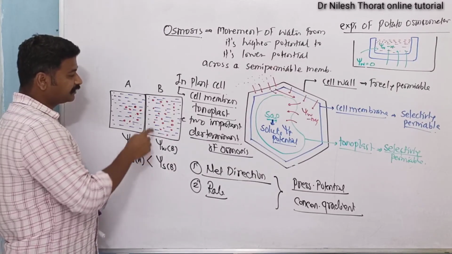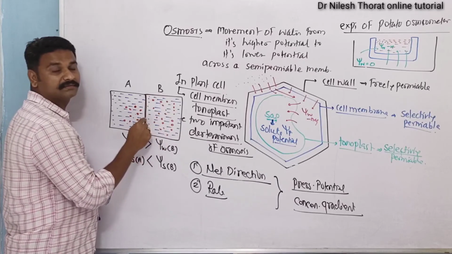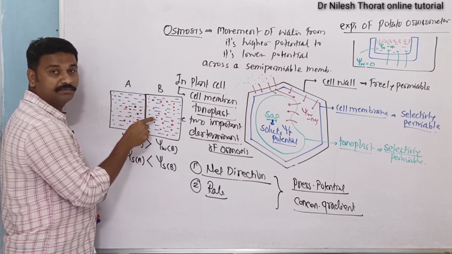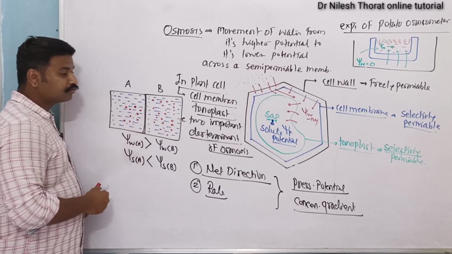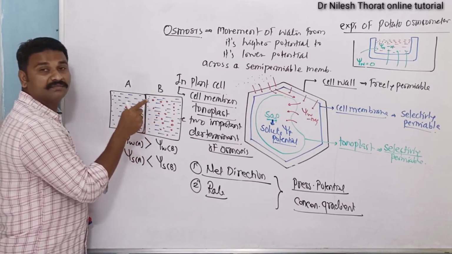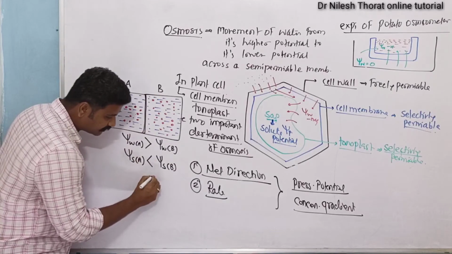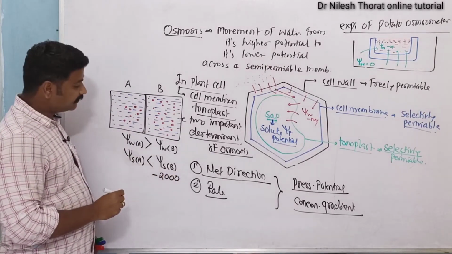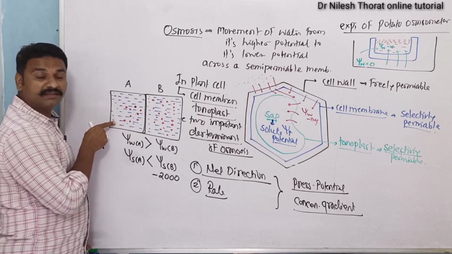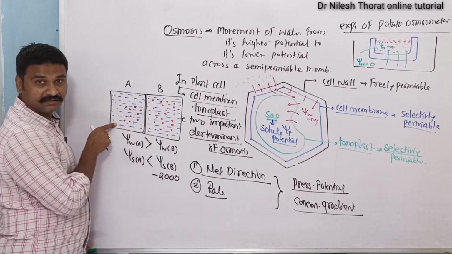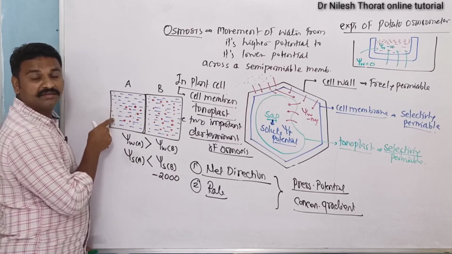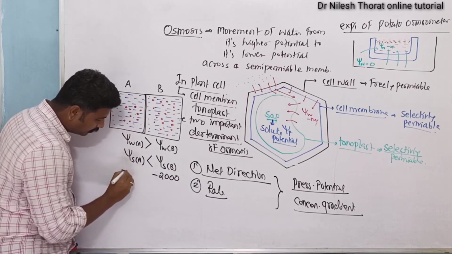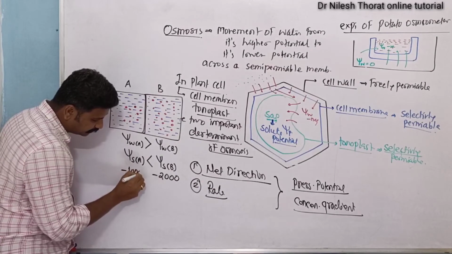Let's say for example we have added 2000 solute molecules in system B. So the solute potential of system B is minus 2000 pascal, and we have added 1000 molecules in system A, so system A has a solute potential of minus 1000.